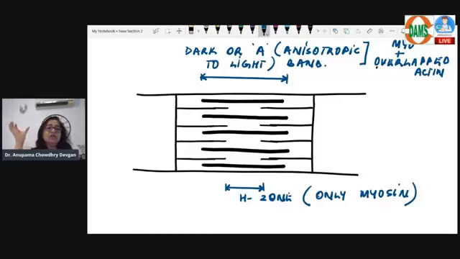So you've got a dark band. The dark band is myosin, the thick filament, plus the overlapped actin. Within the dark band, you have an H zone, which is slightly lighter than the A band, and has only myosin. In the middle of the sarcomere, linking the myosin molecules, is the M line.